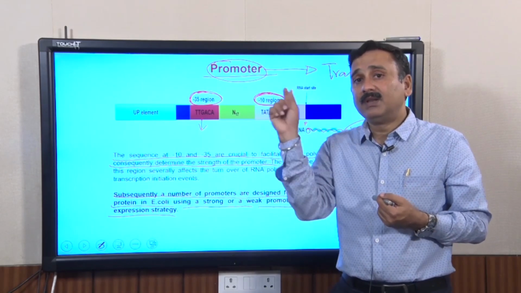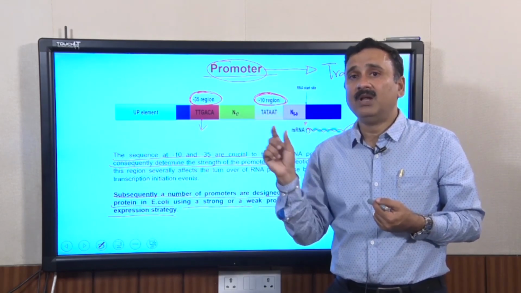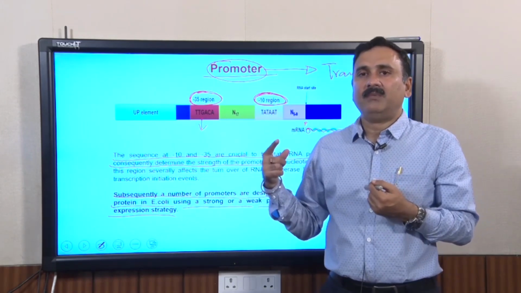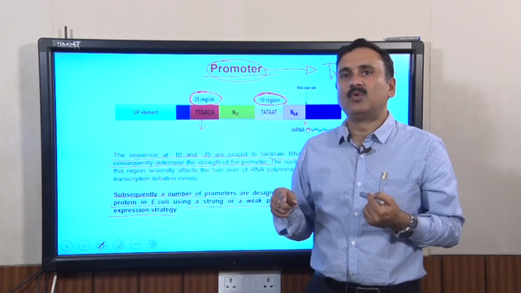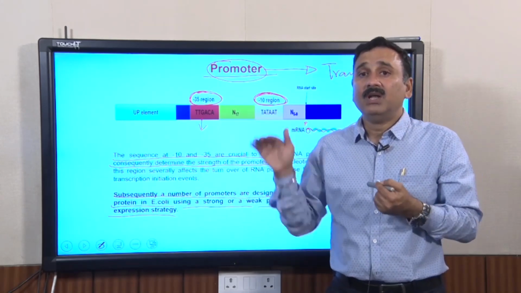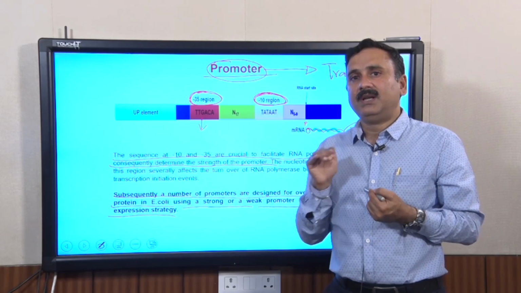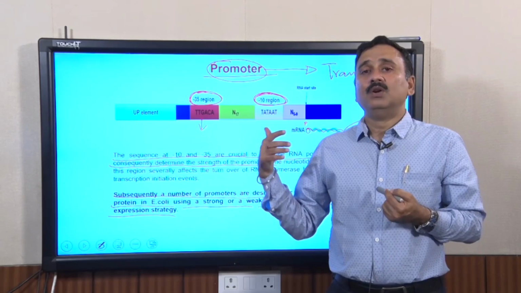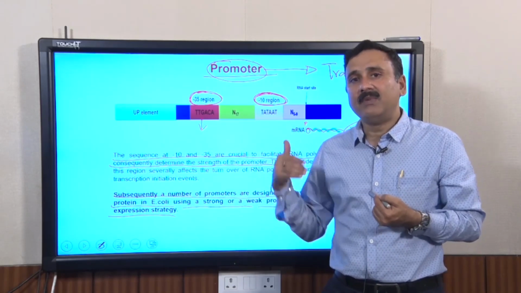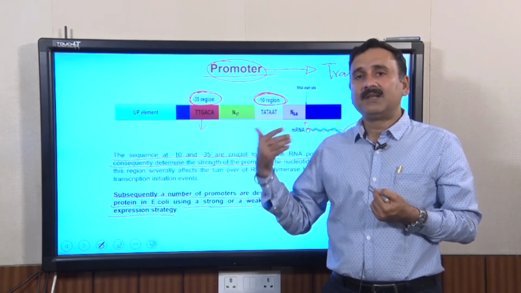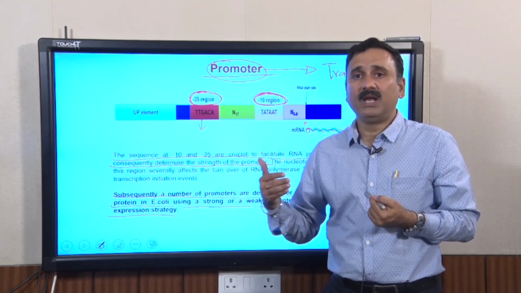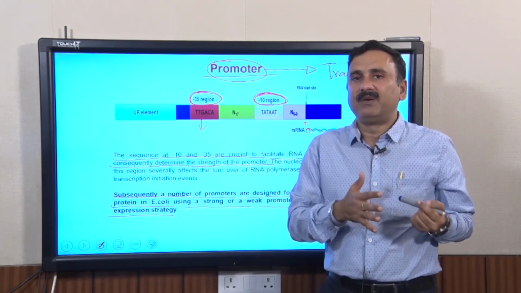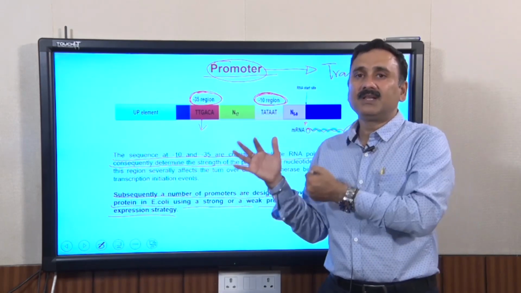If you produce this mammalian protein very rapidly, the E. coli system may not be able to fold this protein into the proper conformation. But if you reduce the kinetics of protein production, you give a chance to the folding machinery, and the protein may get folded properly and you may get the active protein. So, in those contexts, sometimes people prefer to use the weak promoter versus the strong promoter.